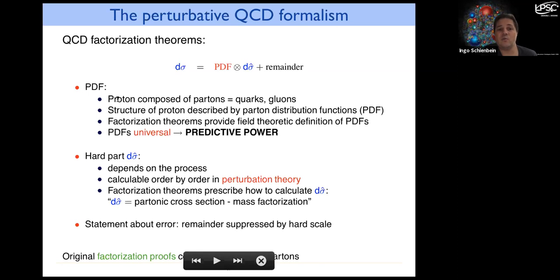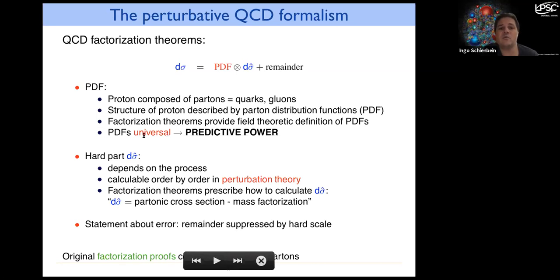The parton distributions are composed of quarks and gluons, and describe, if you like, the structure of the proton as it is seen in high energy interactions. In addition, these factorization theorems provide field theoretic definitions of the PDFs, so that one can use these definitions also to try to calculate them, for example, on the lattice. And the PDFs are universal, that leads to predictive power. That is really a crucial aspect.